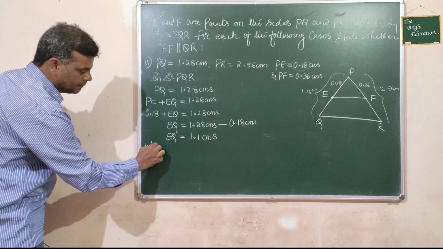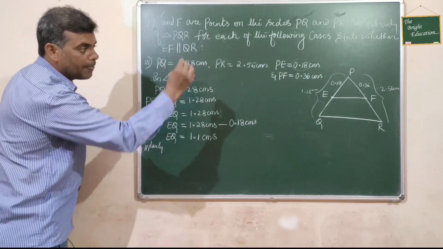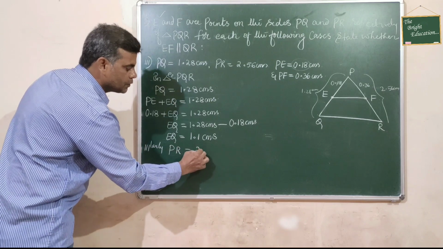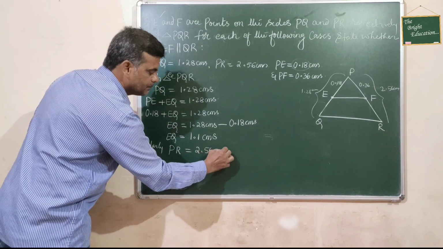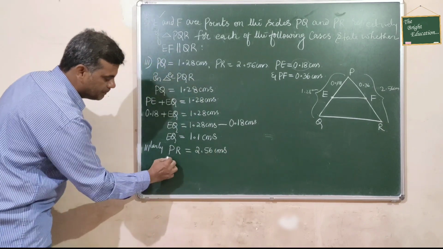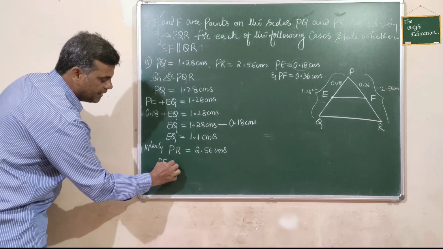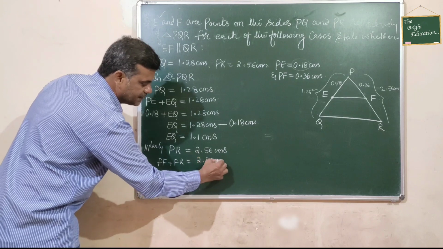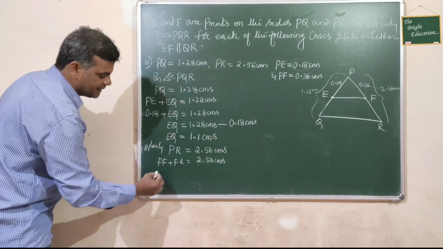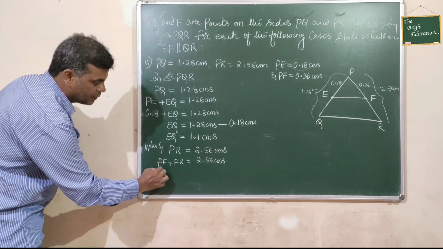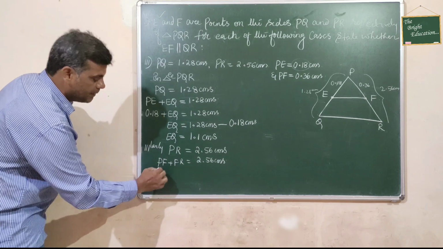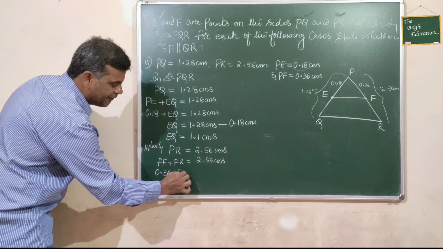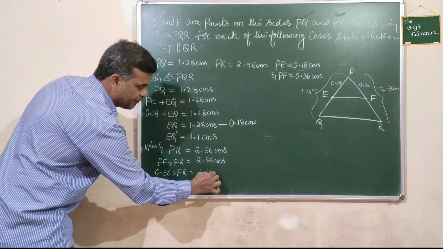Similarly, we know that PR equals 2.56 centimeters. PR is nothing but PF plus FR equals 2.56 centimeters. PF is given as 0.36, so 0.36 plus FR equals 2.56.